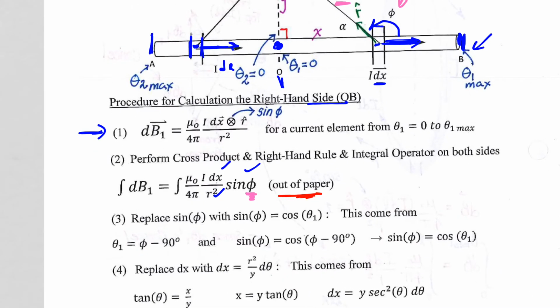The x-coordinate is changing as we go from 0 to point B, so that stays in the integral. The r goes from the IDL to the point in space. That is going to be changing. That stays in the integral. And then we can bring out the mu naught, the I, and the 4 pi. So these come out, and the blue ones stay in.